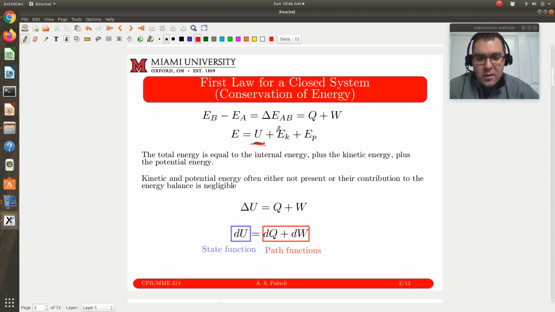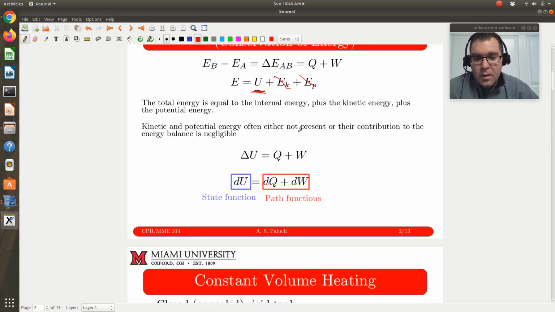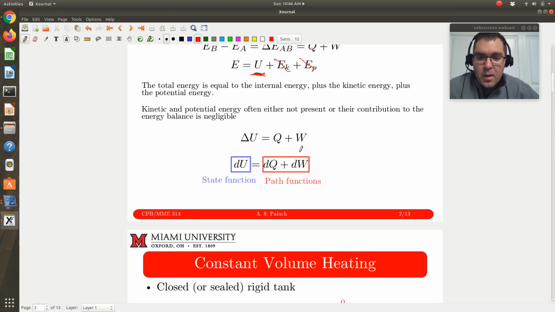And so typically we can just neglect these terms and take those to be zero. Again, kinetic and potential energy are often either not present or their contribution is negligible.